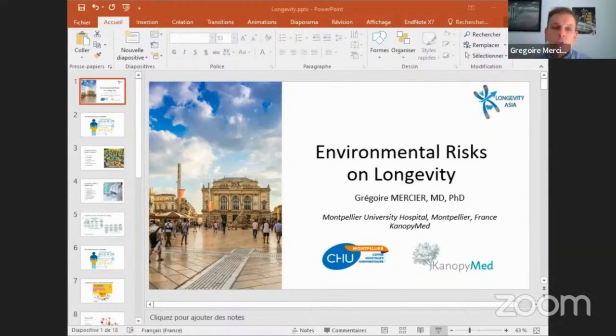So the first question we want to look at is actually why. It's a very simple, very basic question. Why is it so important to look at the environment, generally speaking, when we consider longevity? So if we look at this figure, which has circulated a lot, which has been sometimes criticized, and I'm aware of that.